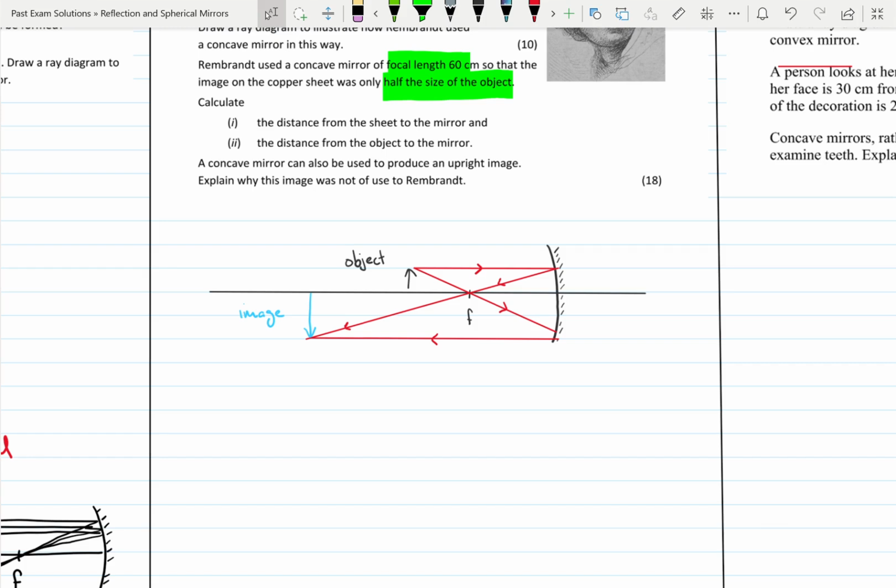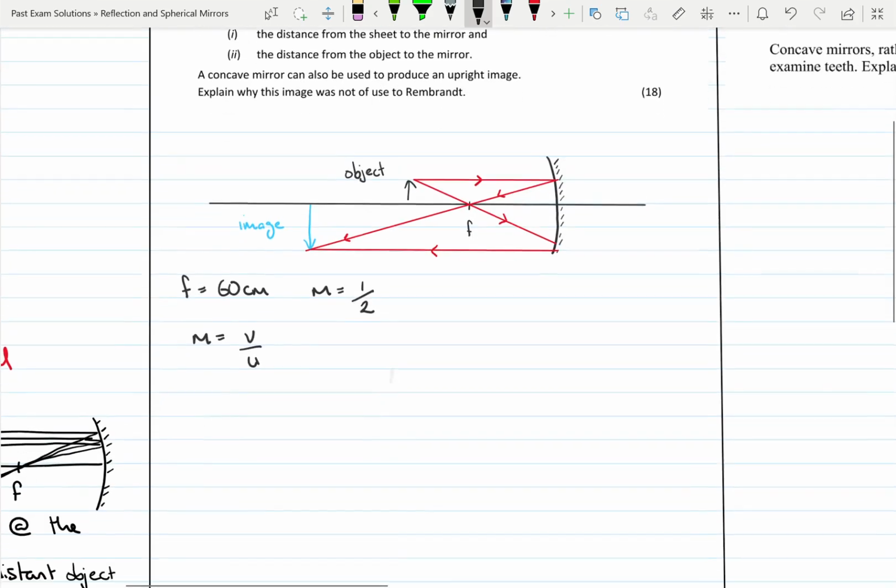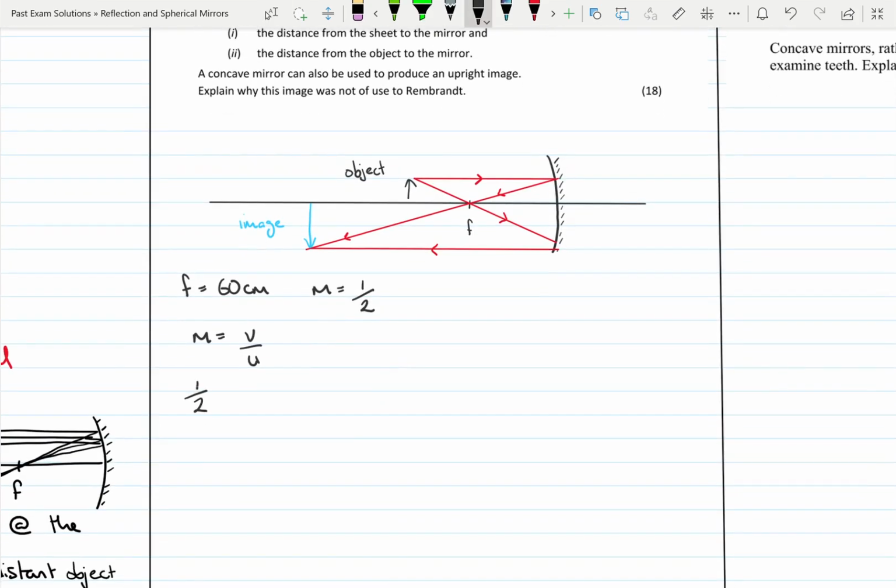Okay, so let's write out the information that we know. The focal length is 60 centimeters and the magnification is a half. Okay, so let's go with this. Firstly, our magnification formula is v over u. Subbing in a half for our magnification, v over u.